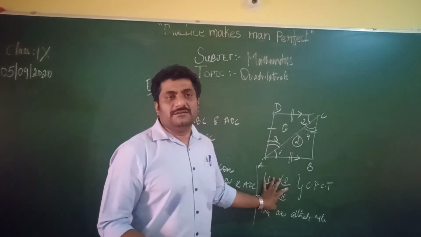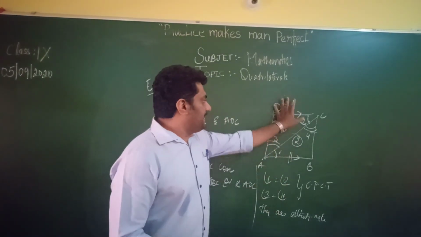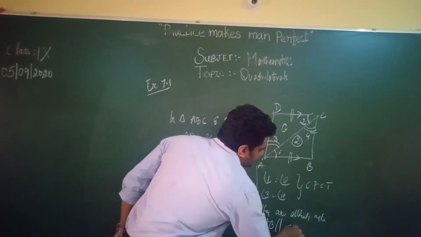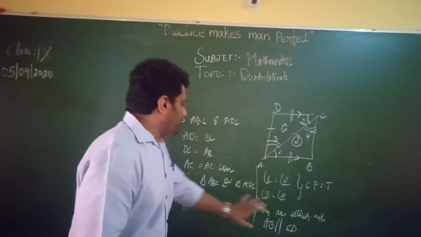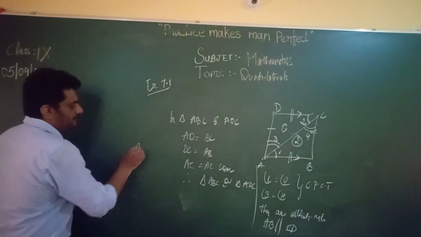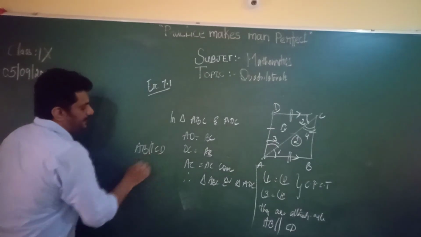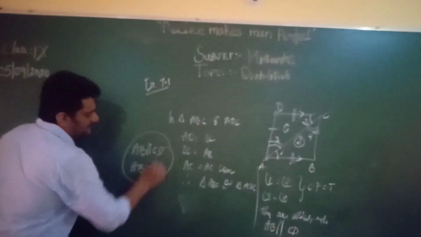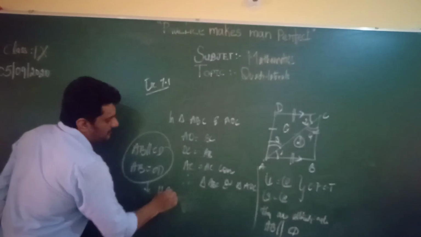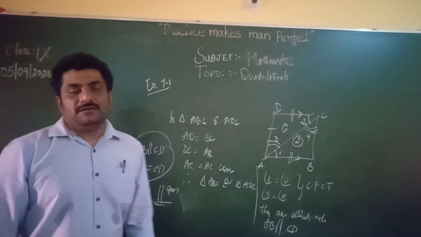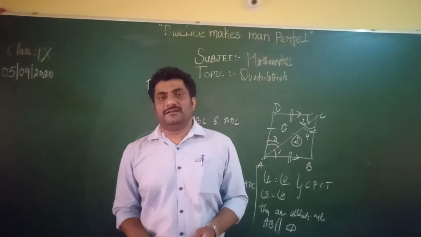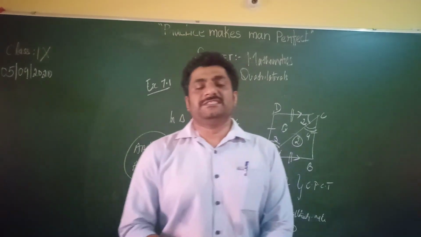So when we have a pair of alternate angles, then we can conclude that AB is parallel to CD. When I have AB parallel to CD, and AB is equal to CD, then this becomes a parallelogram.